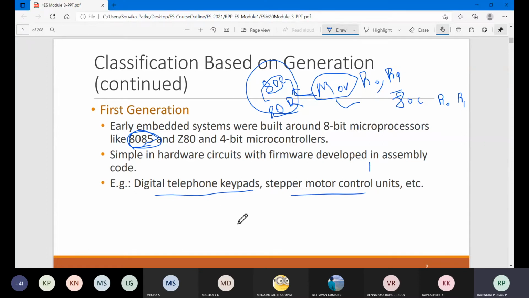So digital telephone keypad. Now at homes, you will not find any telephones where you press the keys. Earlier to this one, we were rotating the dial like this, 0, 4, 2, like that. But those phones, if you go and search now, will not be available.